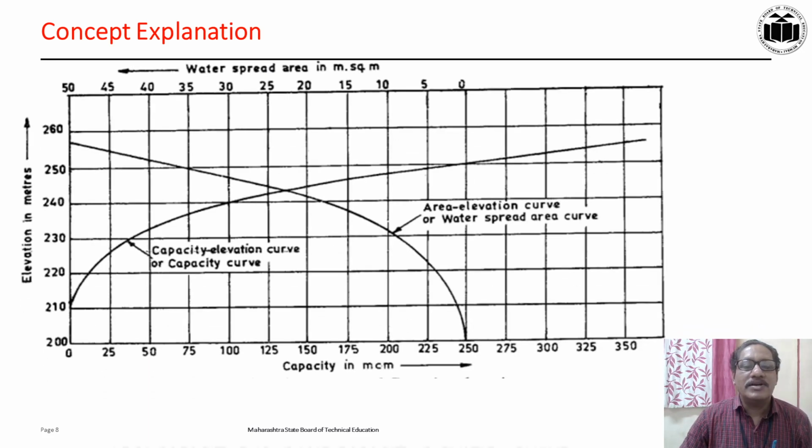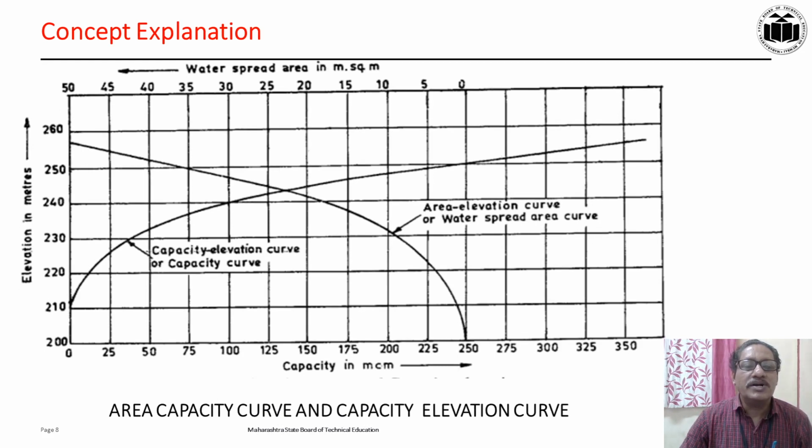In this figure, you can see the two curves: the capacity elevation curve, which is also called the capacity curve, and the other one, the area elevation curve, which is also called the water spread area curve. Here, the first curve is the capacity elevation curve.